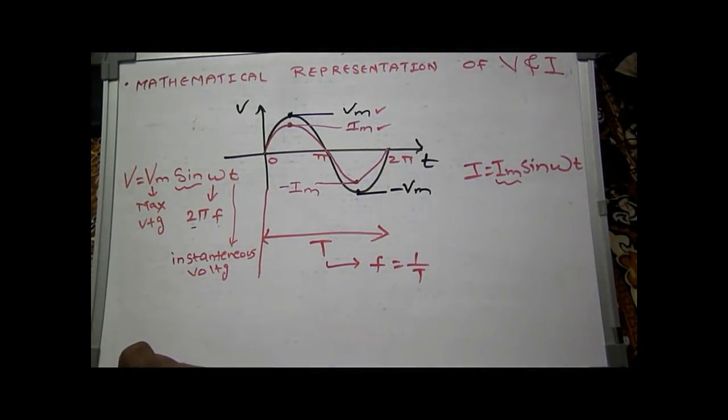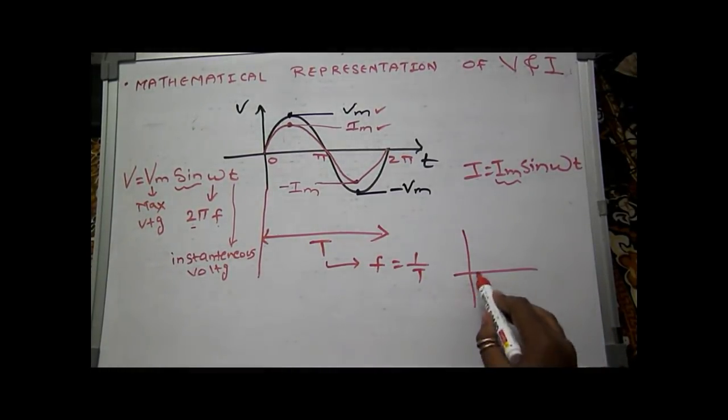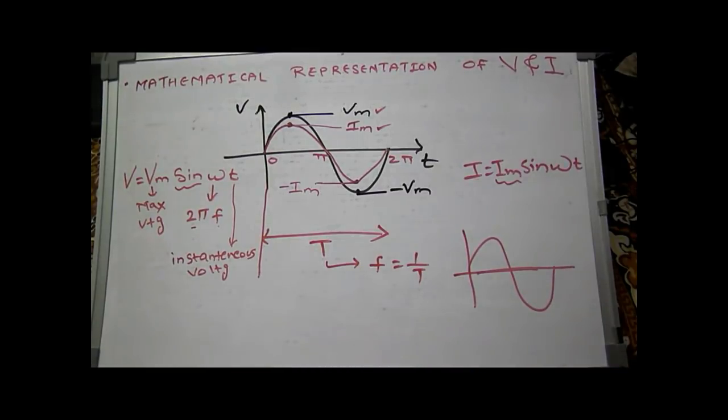What is that instantaneous voltage? If we see a waveform like this, then instantaneous voltage means voltage at a particular instant.